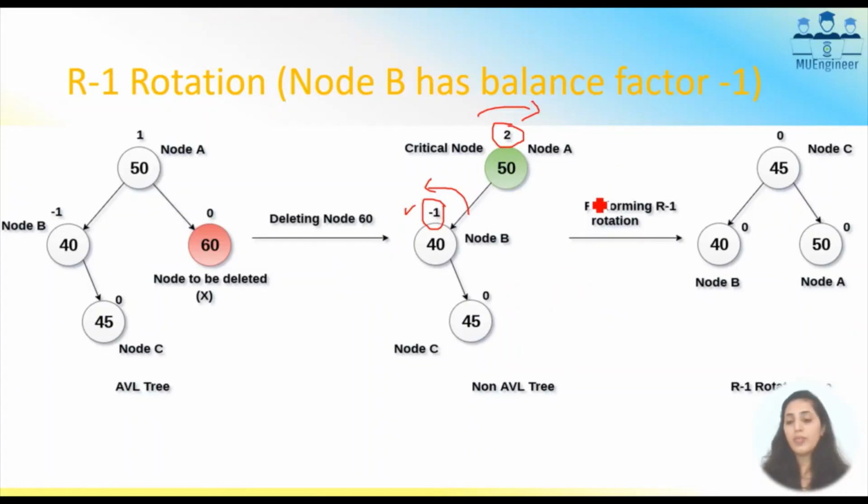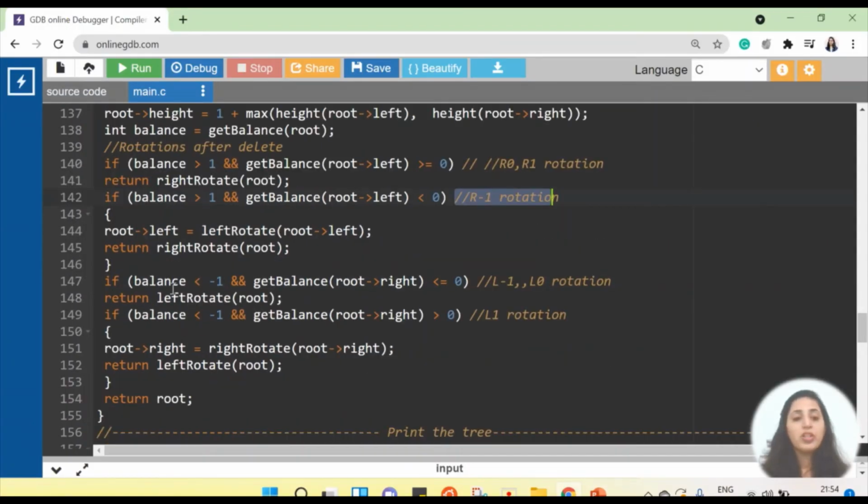Similarly the opposite case comes for L rotation. L रोटेशन में क्या होगा? जब भी हमारा बैलेंस फैक्टर -2 से रहेगा, so if your balance factor is less than -1, that is -2, and the balance factor of root dot right is less than equal to 0, then it is L-1 or L0 rotation. There we are just applying a single left rotation on root.